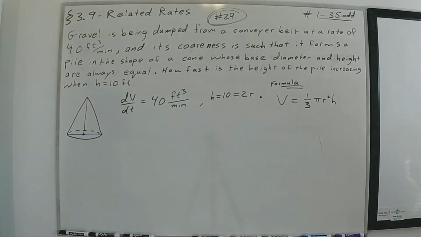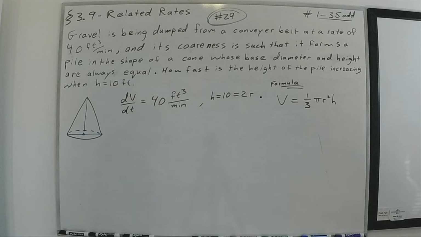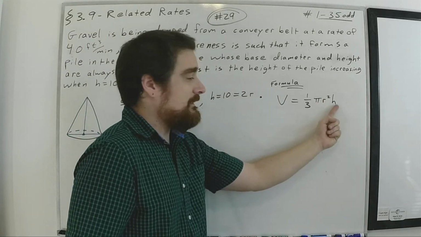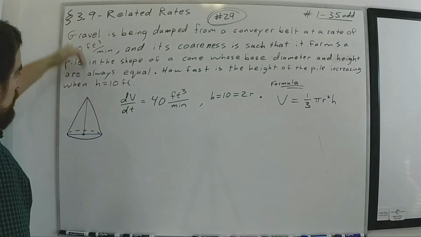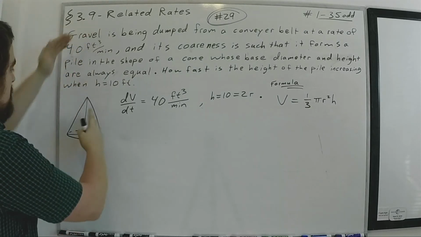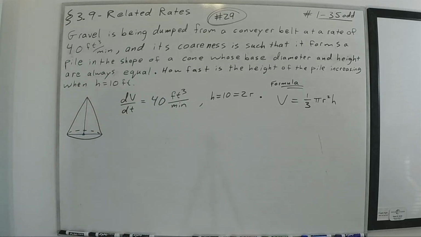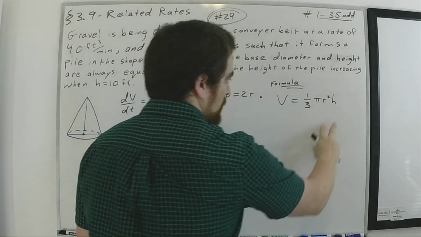So there's the volume for a right cone. Now if you look here, I've got two variables, my radius and my height, and they're both changing because as I pour more gravel on top and it grows higher, it must grow wider. So the rates of those are both going to be changing, so these are both varying.